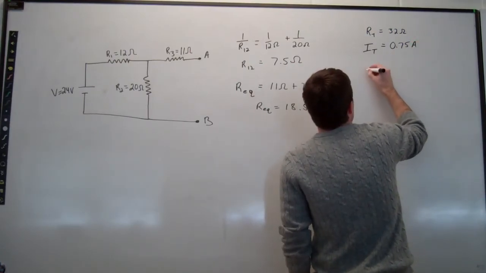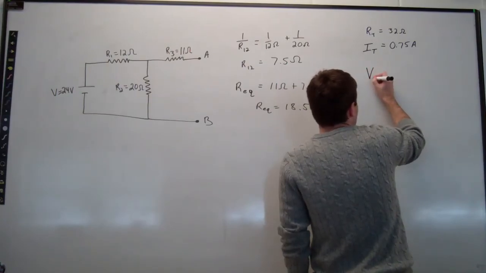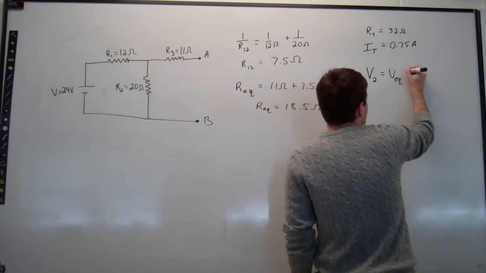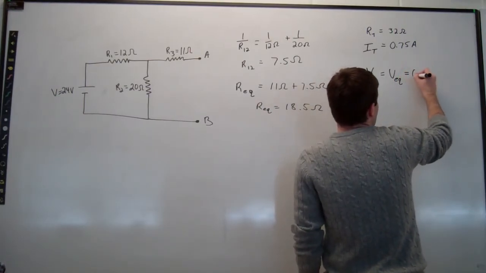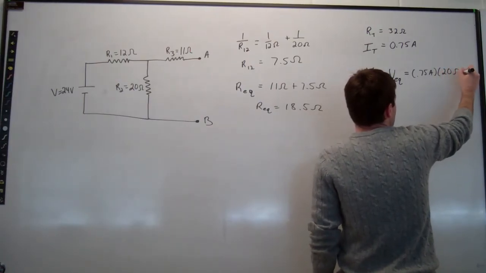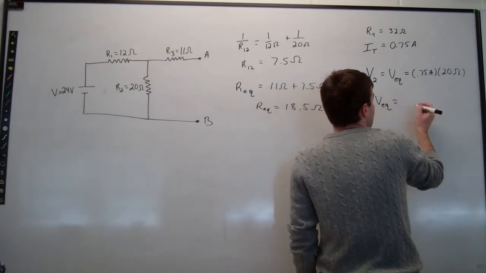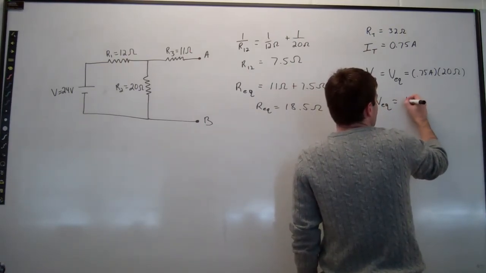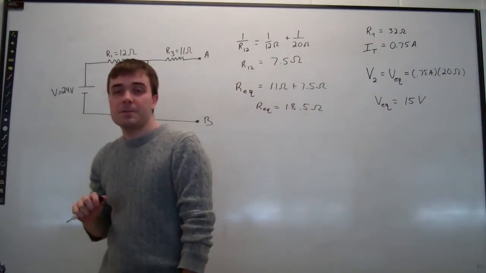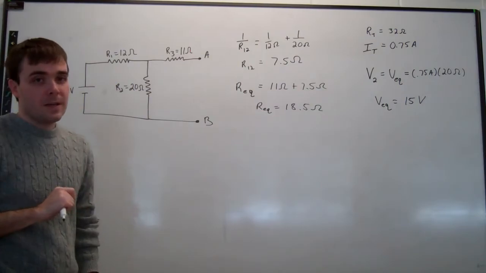Then we want to find the voltage across R2, so we're going to call that V2, and that's equal to the equivalent voltage from A to B. That's going to be 0.75 amps times 20 ohms, so VEQ equals 15 volts. So the voltage drop from A to B is 15 volts. Does that make sense to everybody?